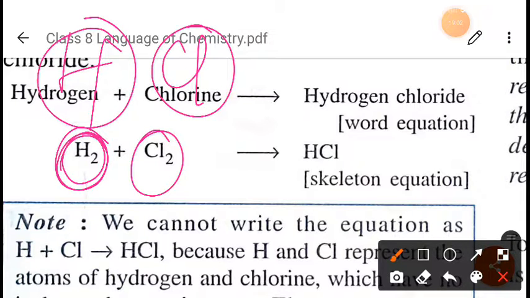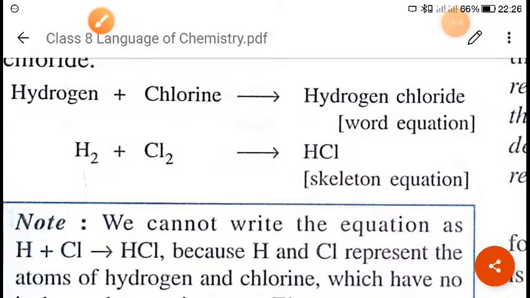The two reactants should be written as H2 and Cl2, because a molecular form has an independent existence.